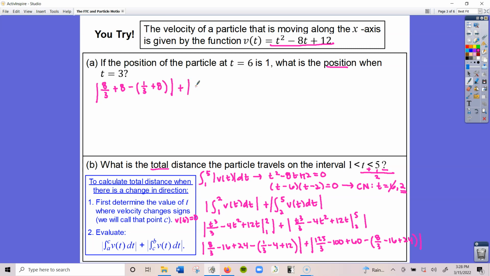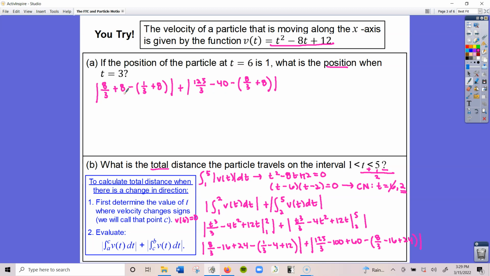Plus, now I'm going to go to the other side. We have the 125 over 3, negative 100 plus 60 is negative 40, minus 8 over 3, and then negative 16 plus 24 is the plus 8.